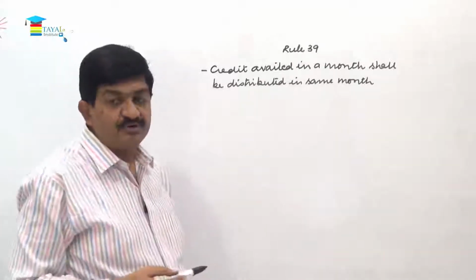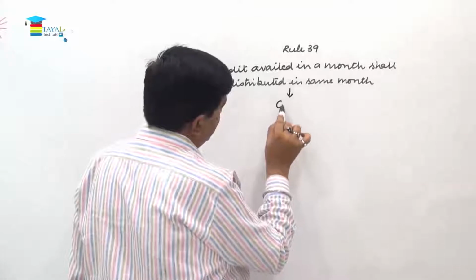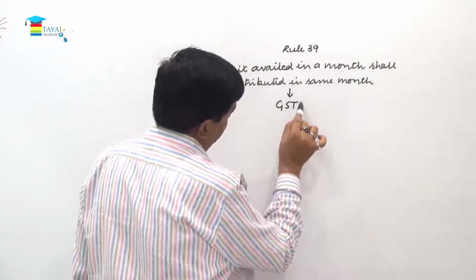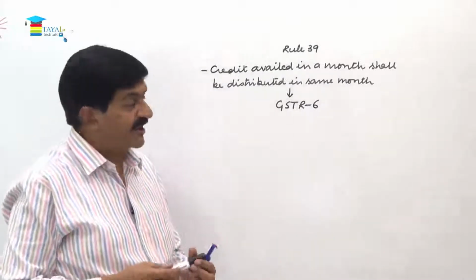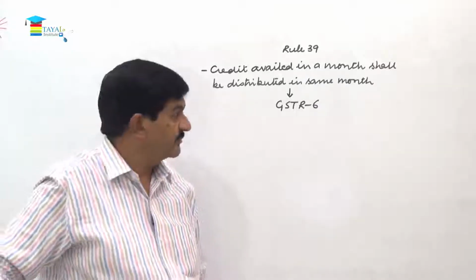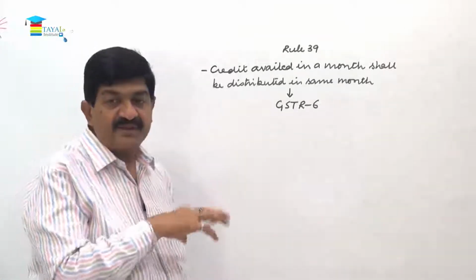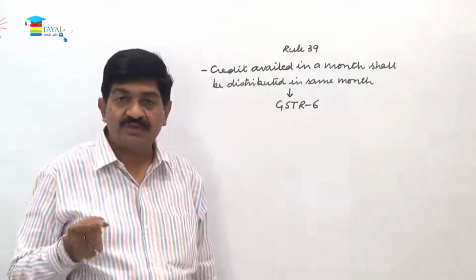The credit availed should be distributed in the same month, and when this is done, then GSTR 6 has to be filed. The return should be filed in the form GSTR 6, so that will have the reference of the credit taken and credit transferred. Right?